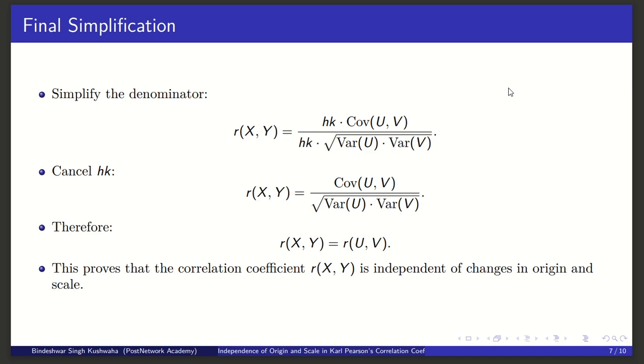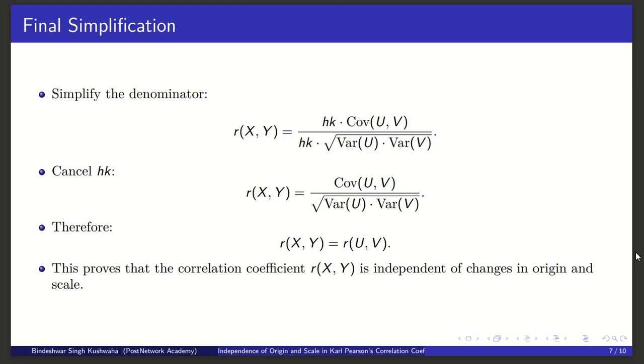Again I will make you remember that change of origin means you are adding or subtracting a constant from each observation, and change of scale means you are dividing or multiplying each observation by a constant.